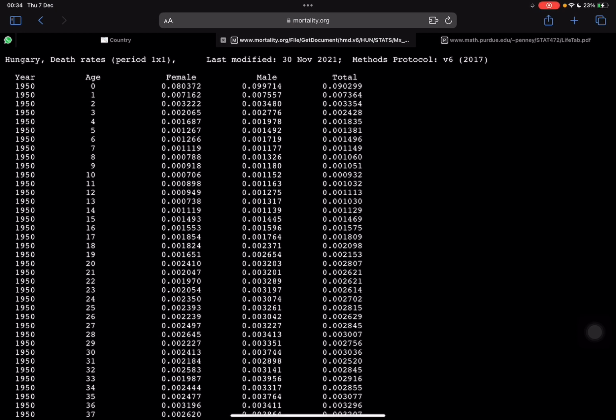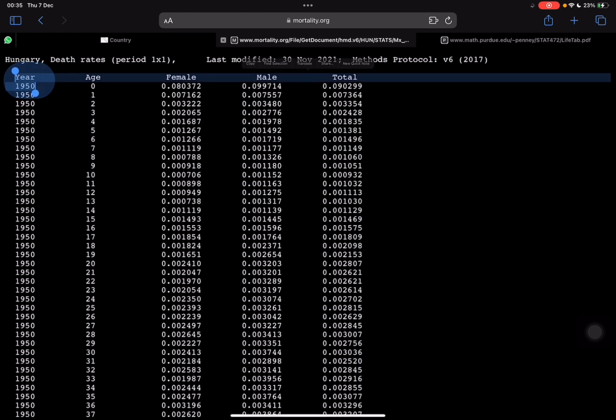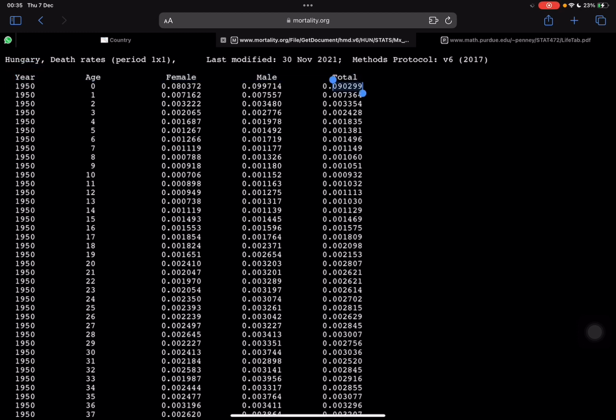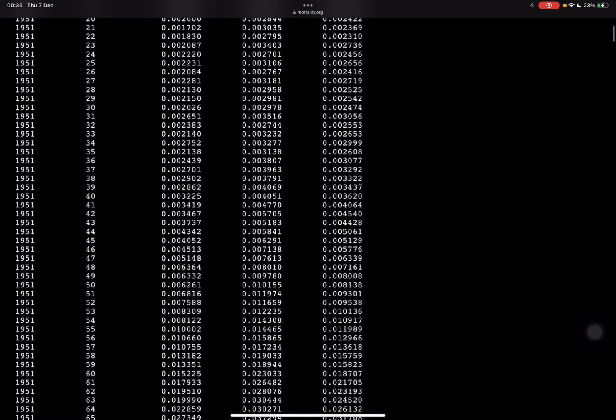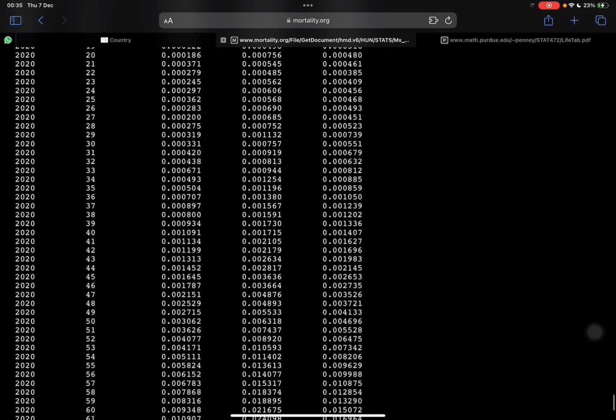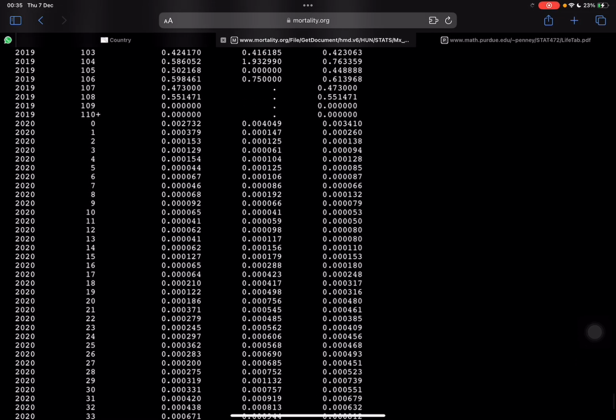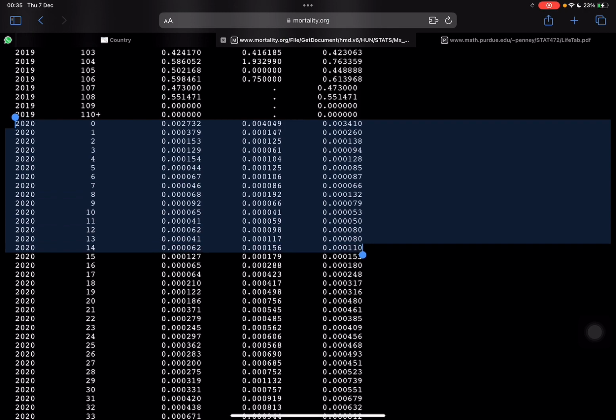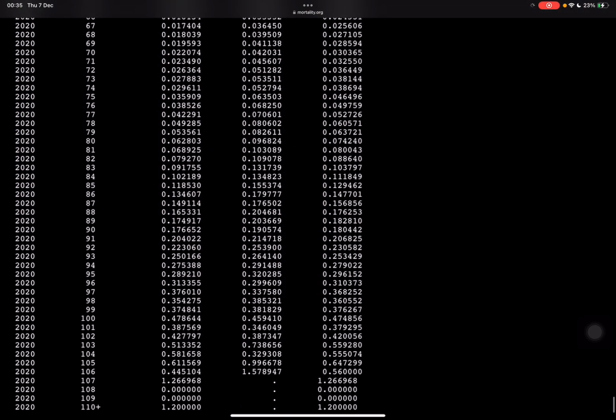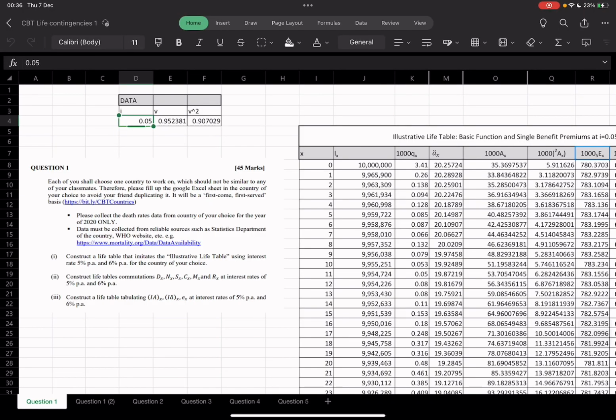The data here indicates the year, age, gender, and the total death rate. We only need the total death rate of the year 2020. 2020 should be at the end of this page. You scroll all the way down, and we will need data from age 0 to age 110. Let's look at the Excel I created.